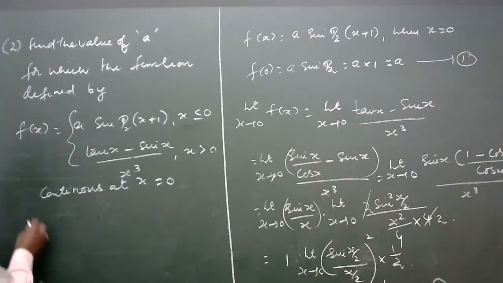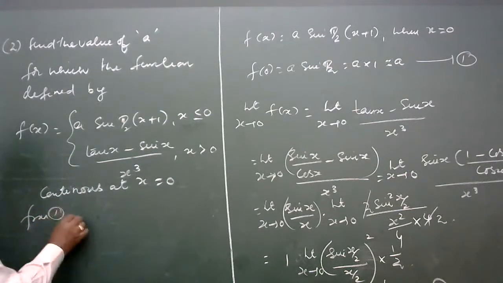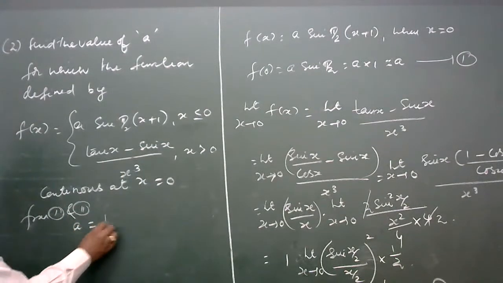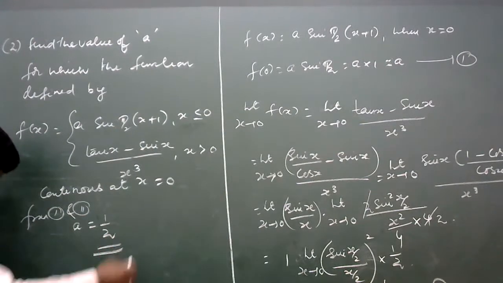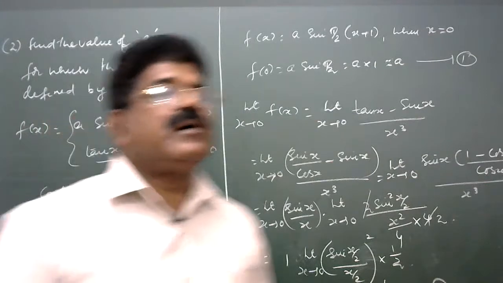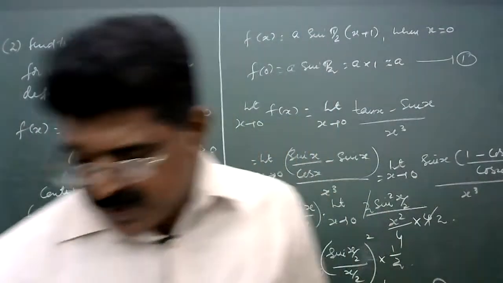So now from 1 and 2, what is the value of A? A is equal to 1 by 2. Correct? Any doubt?